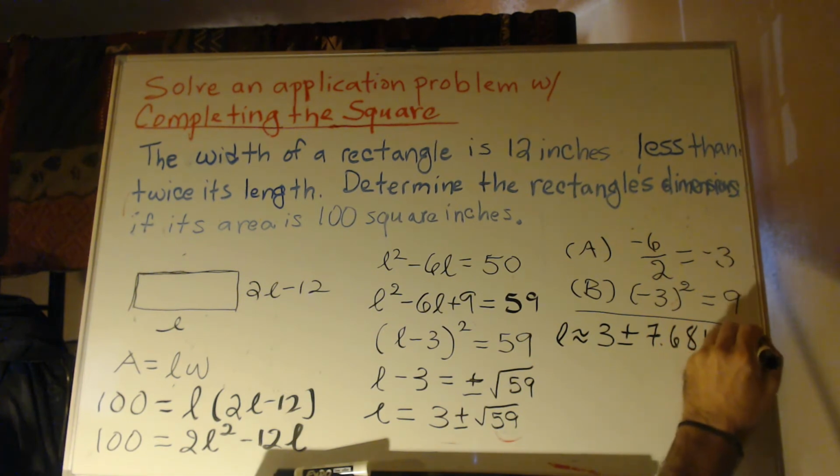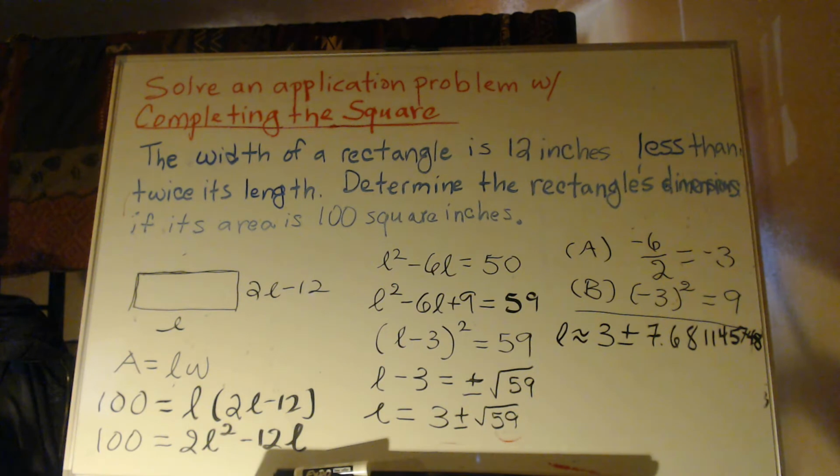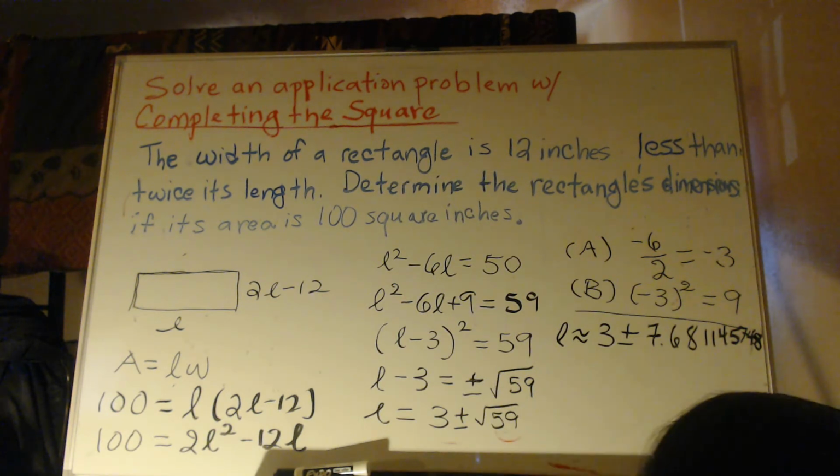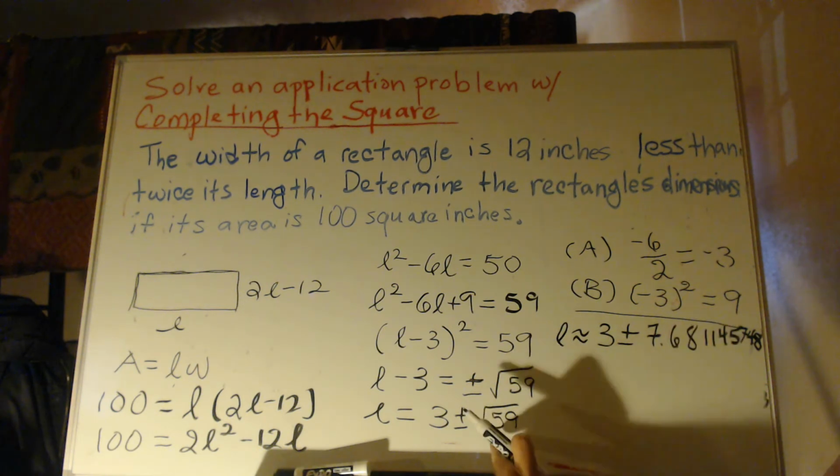I meant to include this in the directions here. We're going to approximate this to the nearest tenth, but we're going to save that approximation until the very end. Thing is, 59 is not a perfect square, and the only perfect square that goes into it is 1.